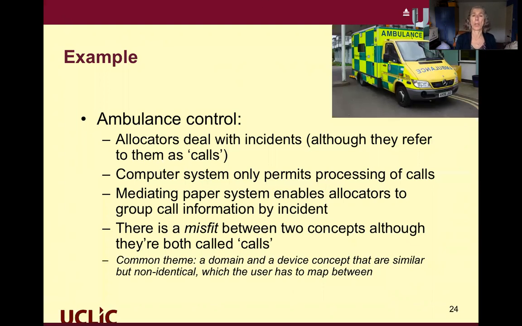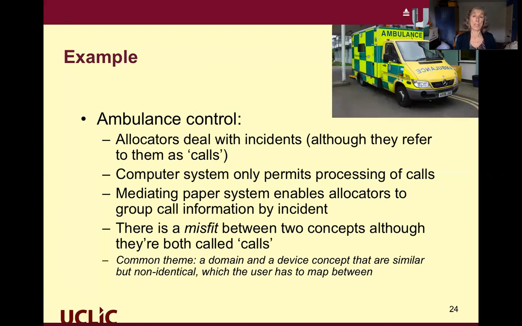And the computer system they're working with permits the processing of each of these calls. But actually, if it happens on the streets, very often multiple people will phone up about the same incident. So there'll actually be multiple calls that refer to and provide information about one incident.